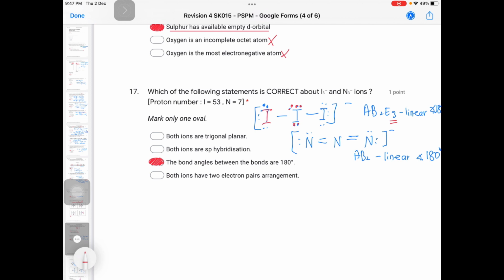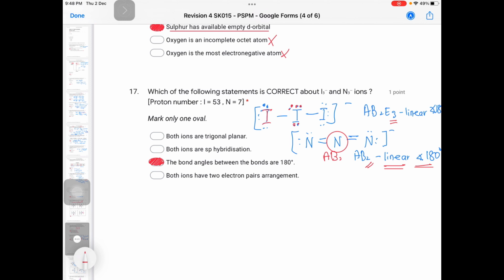And this one, N double bond N, N double bond N, so no lone pair for the central atom. So this one is AB2. If AB2, it is a linear structure. Linear also has the bond angle 180 degrees.